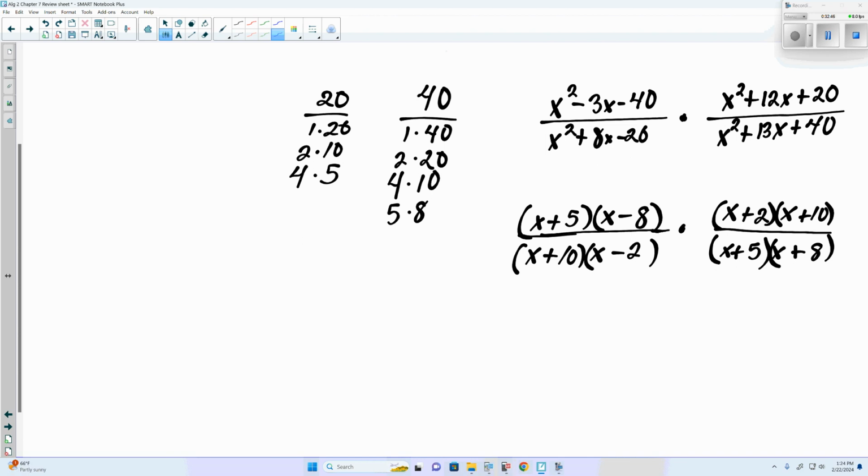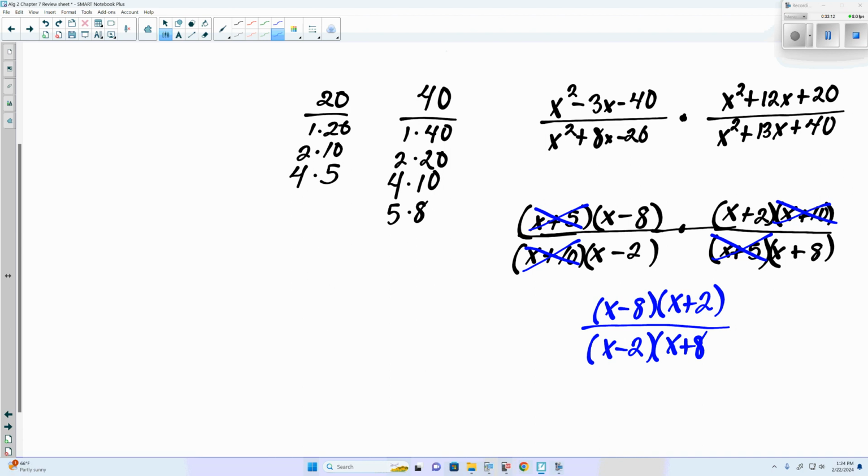What's in common on top and bottom? x plus 5, x plus 10. Which leaves us with x minus 8 times x plus 2 over x minus 2 times x plus 8.